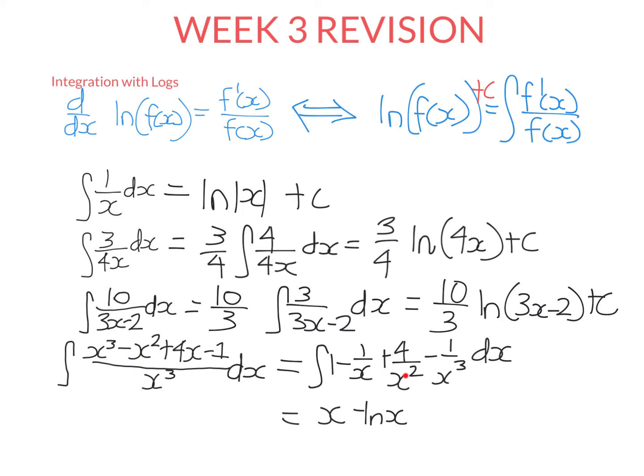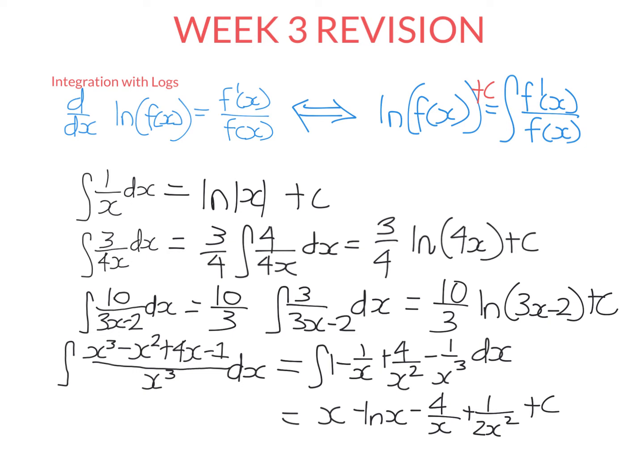So remember what we do is we increase the power by 1 and divide by the new power. So it will be minus 4x to the minus 1, or minus 4 on x. So same here, this is x to the minus 3. We increase the power by 1, so we get x to the minus 2, and divide by that new power. And then, of course, we have to write our plus c at the end, easy as.